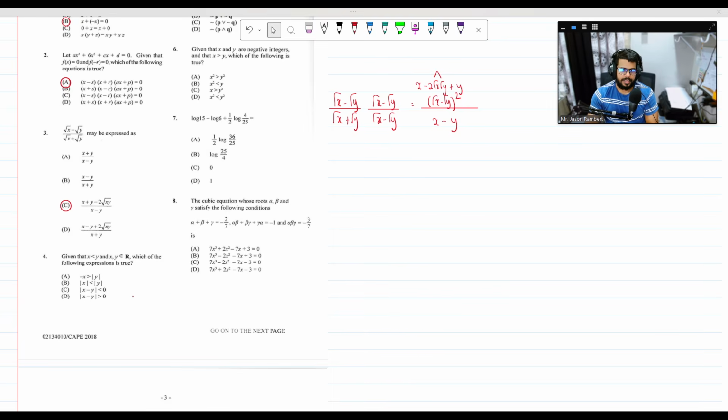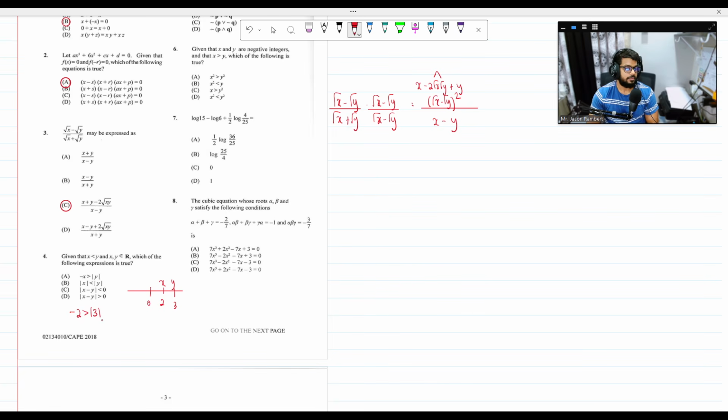So, x is less than y. If x is less than y, I'm going to take one thing into consideration: both x and y are positive. Let me say x is 2 and y is 3. And I'm going to test this in all 4. Minus x, which is going to be minus 2, is that greater than the modulus of 3?